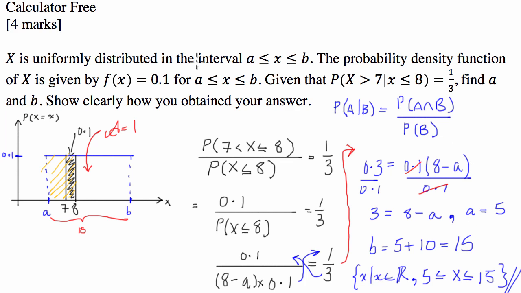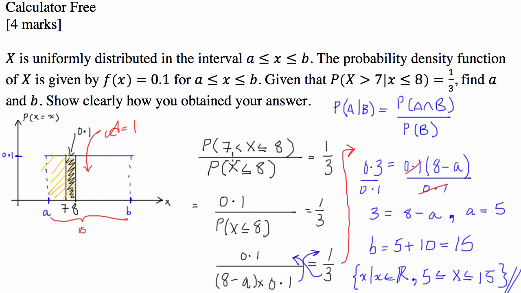So basically what we've done here is we've spent a bit of time explaining or coming to terms with what we're doing when we do a uniform distribution. What we then did is we used the properties of a conditional probability to determine what we had to do with the numerator and the denominator of this function.